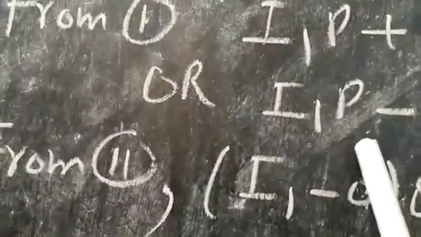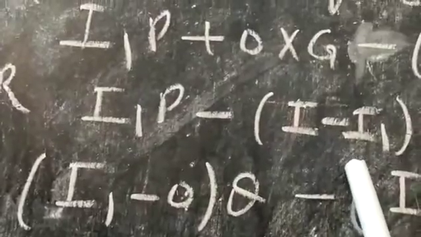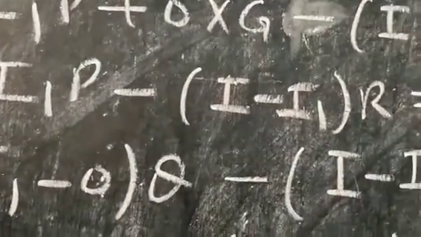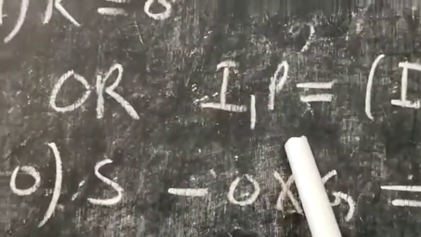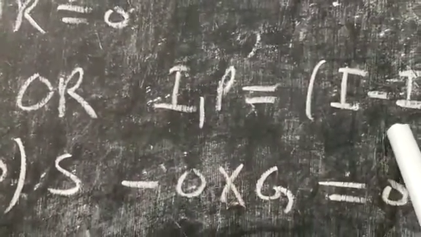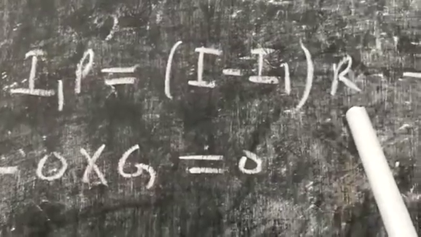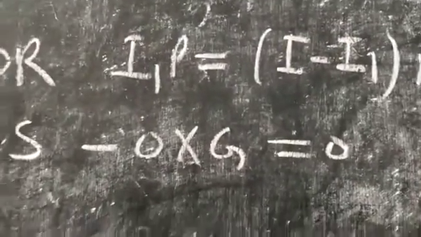This can be written as I1 P is equal to (I minus I1) R. This is equation number 3.